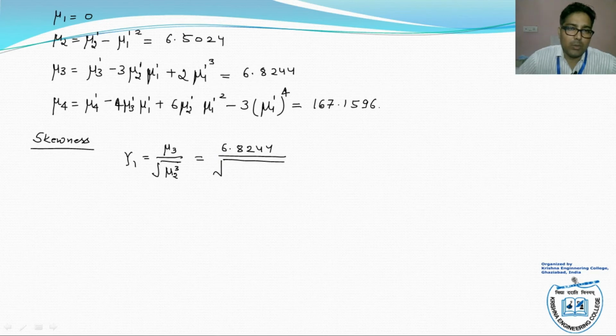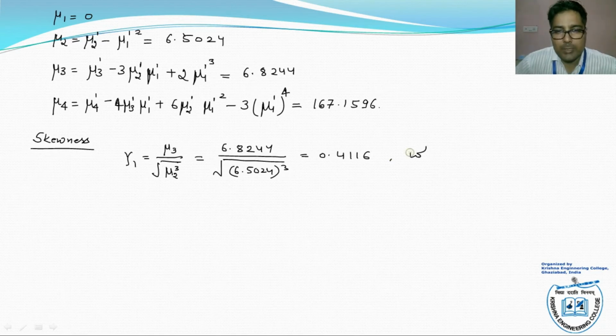Mu 2 is 6.5024 whole cube. We get 0.4116, which is positive skewed.